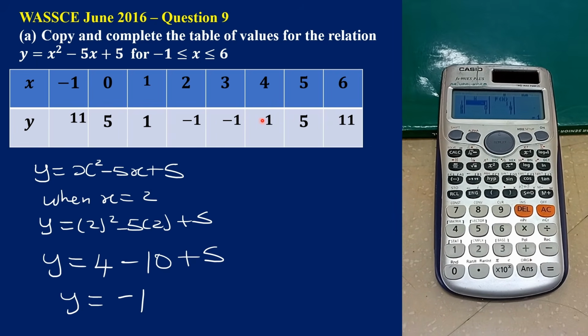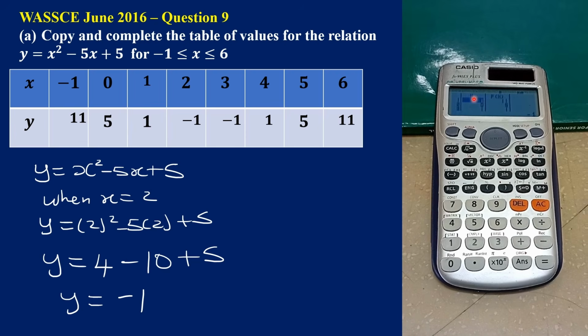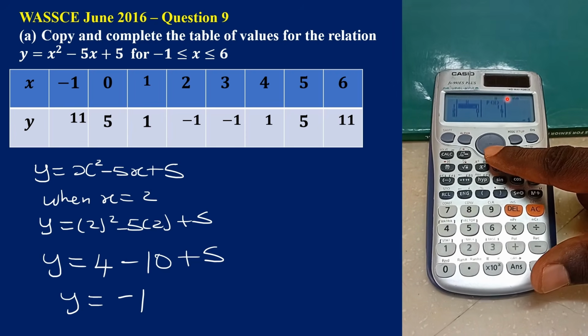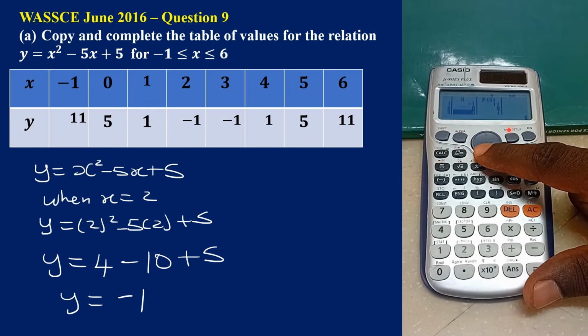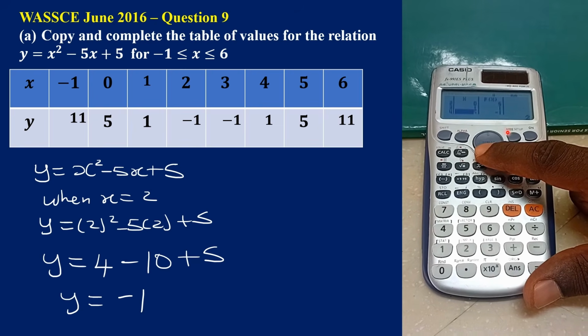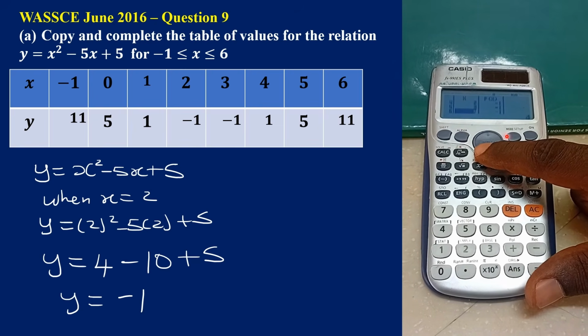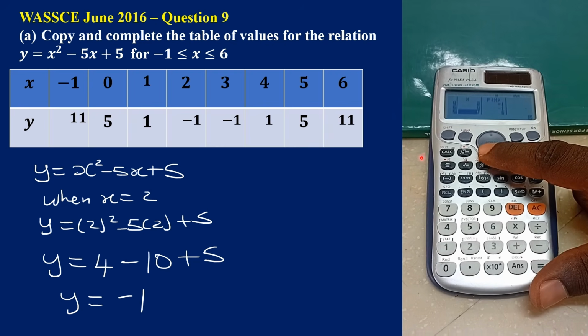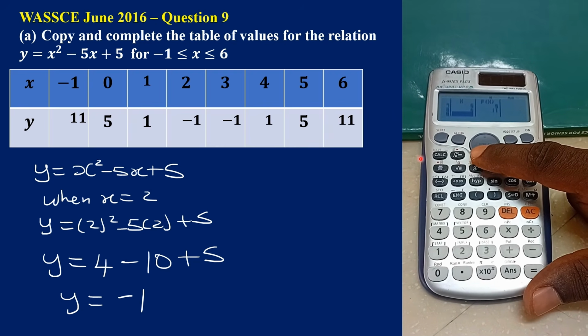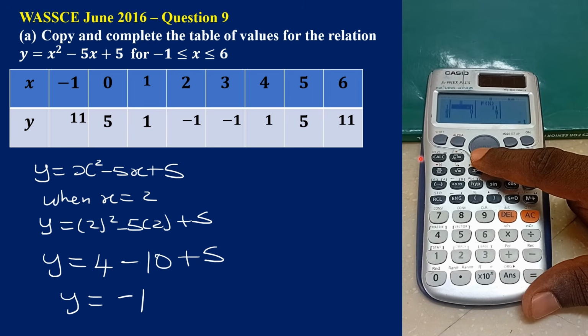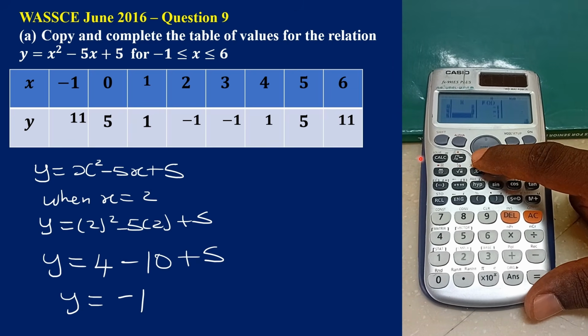Press equal to. And we have the table. When x is -1, y is 11. When you move the arrow down, you get all the y values on the table. So you can also use the calculator to complete the table.